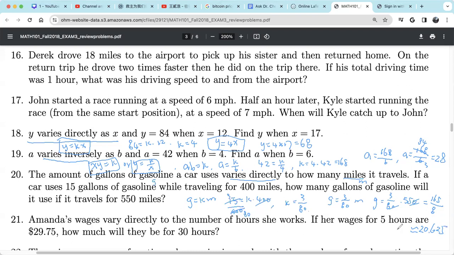So it's about 20.63 gallons, or you could say about 21 gallons. So he uses about 20.6 gallons, or 21 gallons.